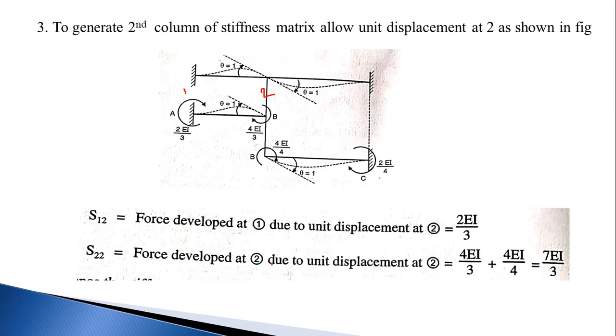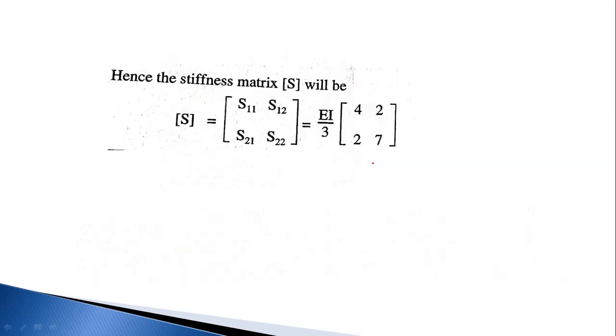So force developed at 2 due to unit displacement at 2 is 4 EI by L, that is 3 for this AB part, plus 4 EI by L, that is 4 for that BC part. So simplifying this equation, we get 7 EI by 3. So this is the second column of the stiffness matrix.